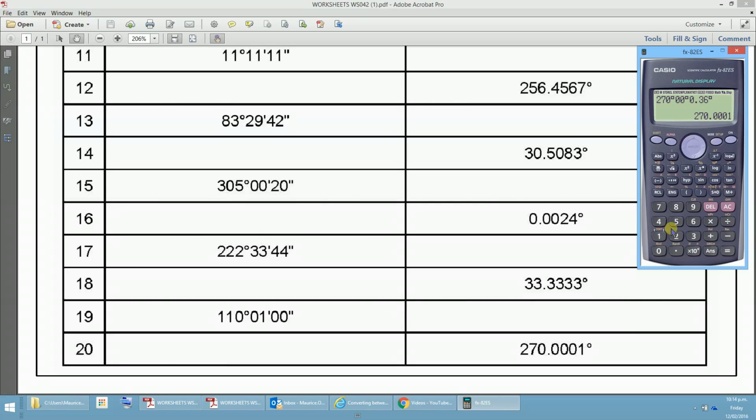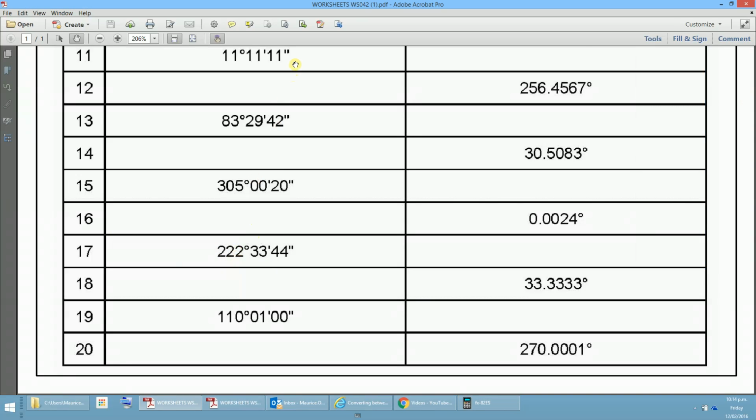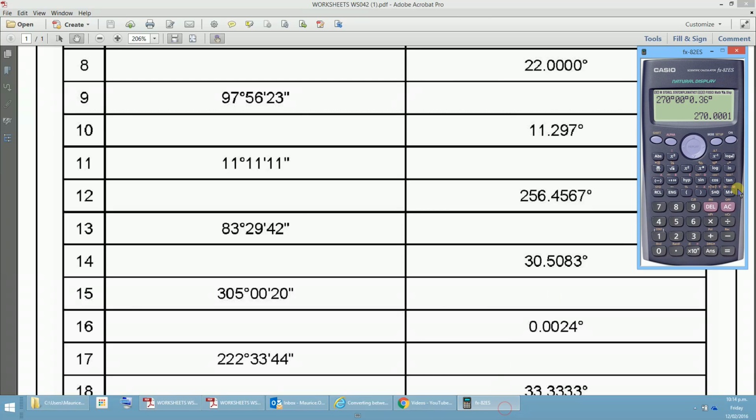But there can be little rounding issues that occur depending on whether you retain the decimals in different situations. So for instance, if you go 11 degrees, 11 minutes, oops, all clear, 11 degrees, 11 minutes and 11 seconds, equals, and then convert that, 11.1864.